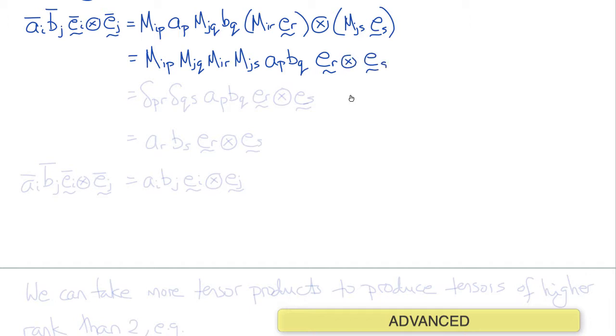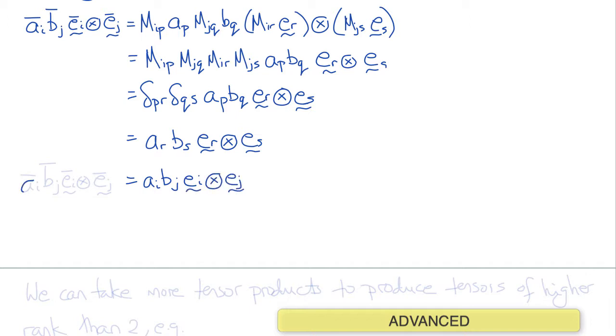And now we can see that m_ip m_ir gives us delta_pr, and m_jq m_js gives you delta_qs. And then delta_pr converts a_p to a_r, delta_qs converts b_q to b_s, and we therefore get a_r b_s e_r dyadic e_s, or changing dummy indices, a_i b_j e_i dyadic e_j.